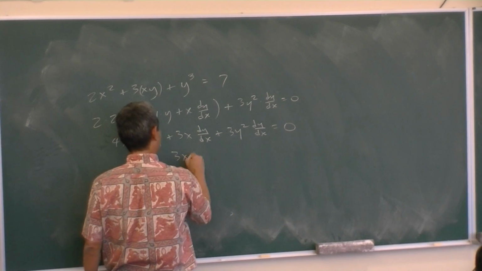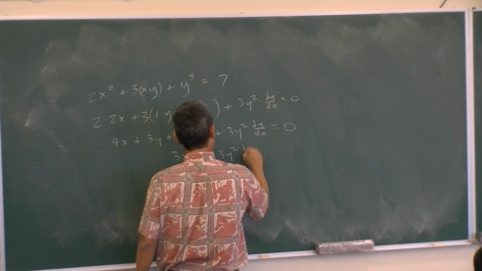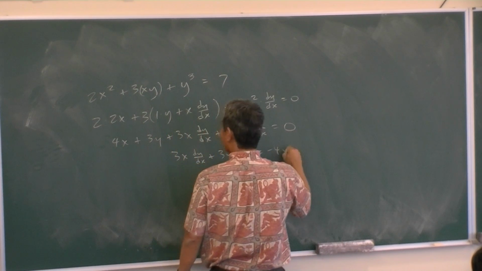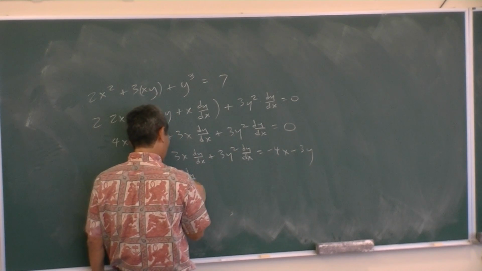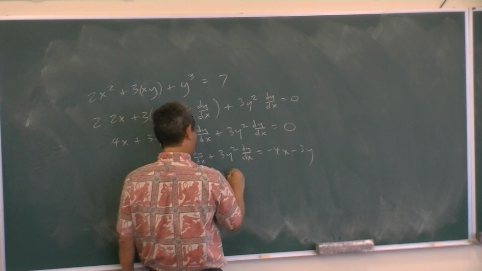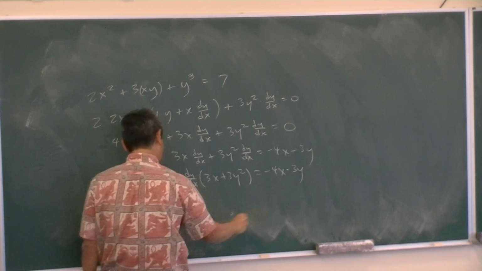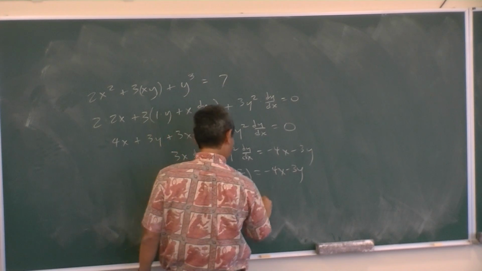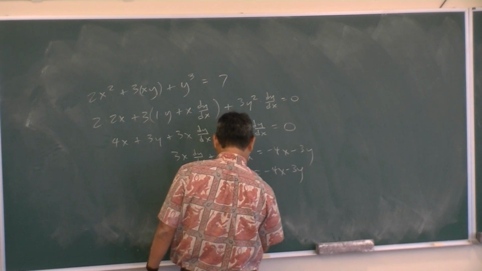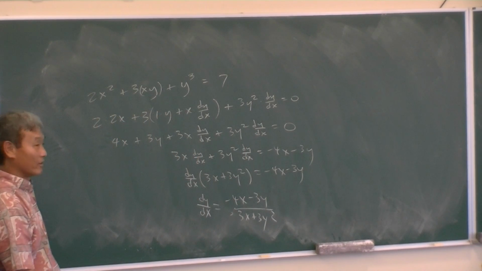So, oh gosh, I'm going to do this step by step. Equal negative 4x. Hopefully after a while you can skip a step. Factor out the dy dx. 3x plus 3y squared. And divide. This is out of negative 4. How come I'm doing all the work? There. That's dy dx. That's your derivative.